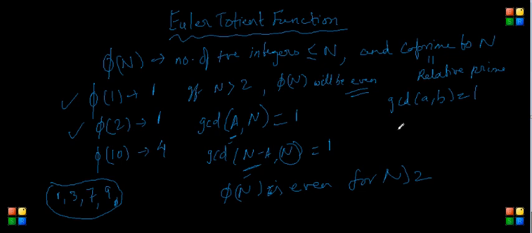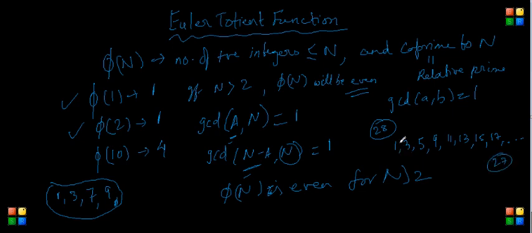We also saw this before with the help of an example, let's say 28. Let's see all the co-primes of 28 less than or equal to it. 1, 3, 5, 9, 11, 13, 15, 17, and so on and so forth up to 27.